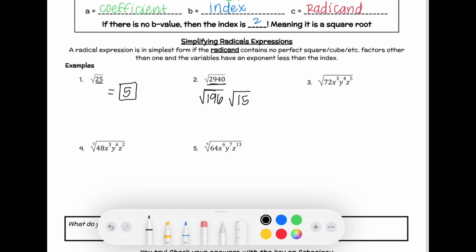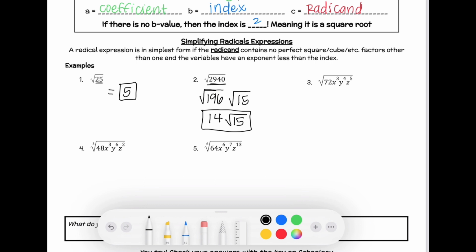But what we did is just save ourselves a lot of time, and the square root of 196 is 14, and the square root of 15, we can't pull any perfect squares out of that, so we just leave it just like that. So that would be our final answer for that.